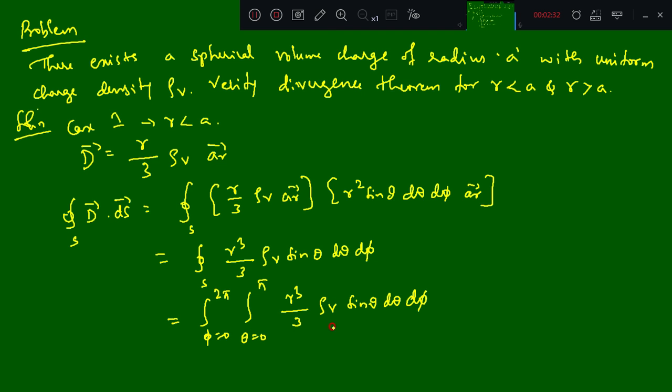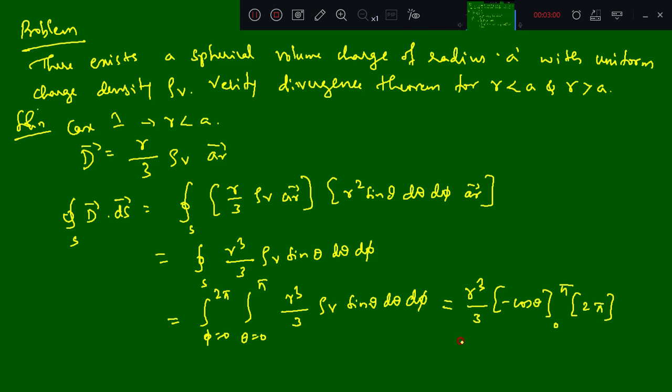What answer are we going to get? r is the constant term, so r cube by 3 is outside. Then the integral of sin theta is minus cos theta from 0 to pi, and phi gives 2 pi after applying the limits.